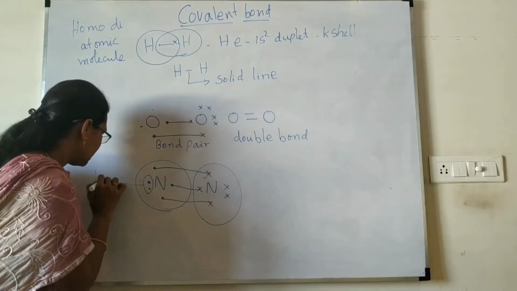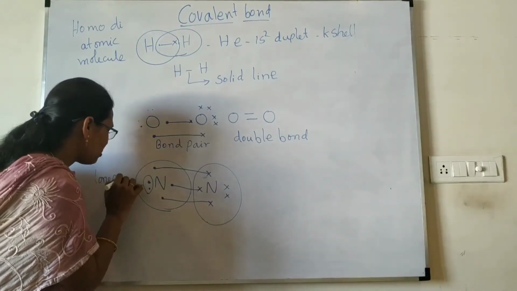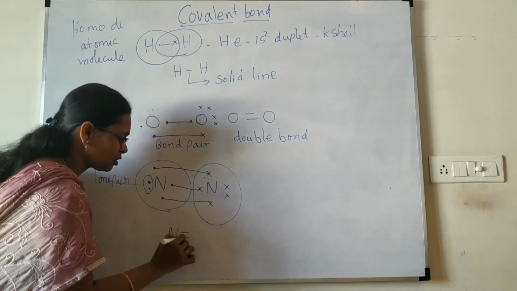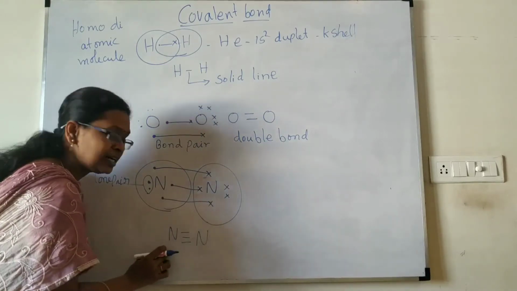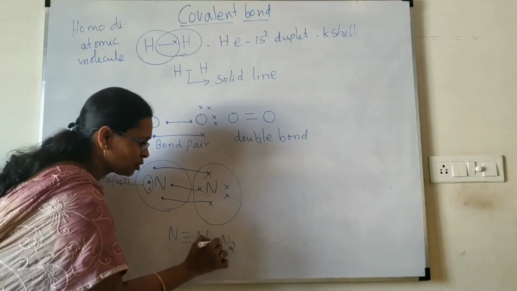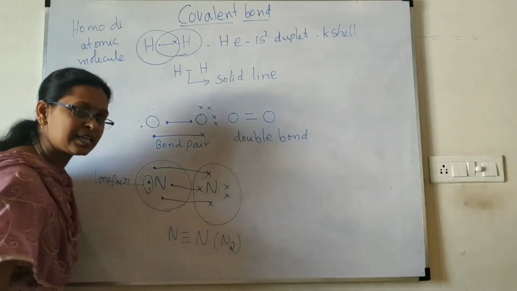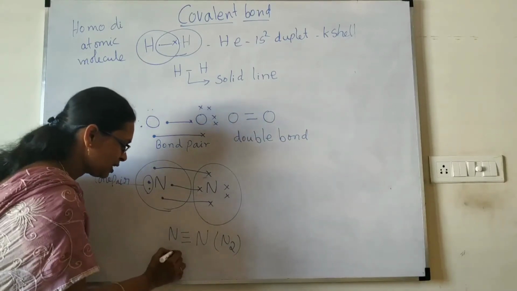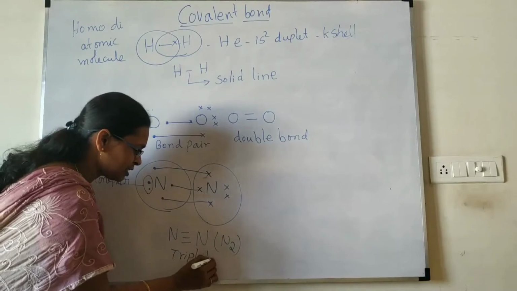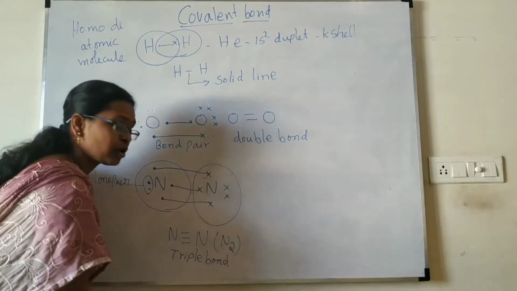So how many bonds can form between the nitrogen atoms? 3 bonds, a triple bond, N triple bond N, that is N2. Three bonds are there. This is what we call a triple bond.